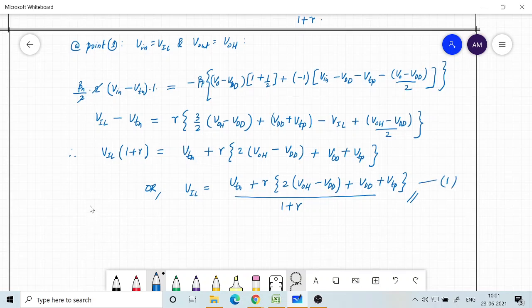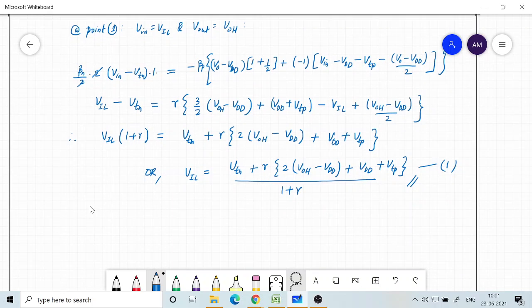Similarly, now we can do the same at point 2 to find the relation between VIH and VOL.